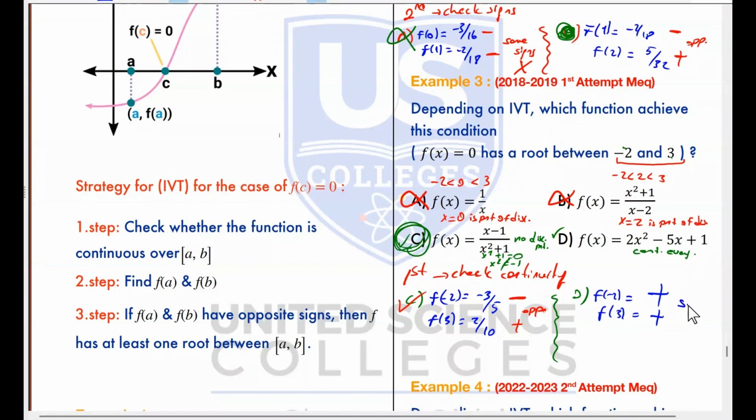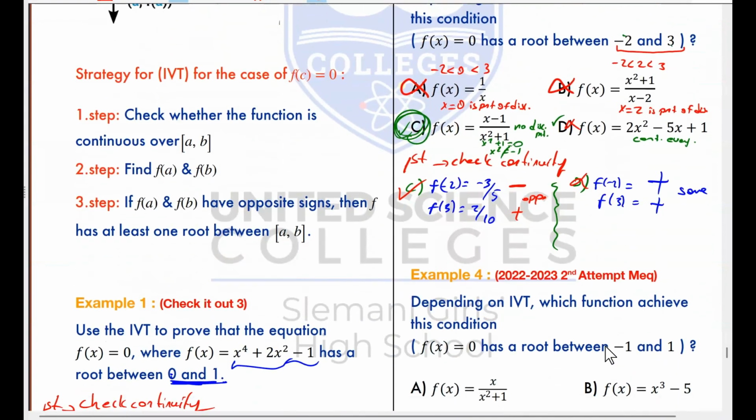So they are both positive, same result, which can't be true. Alright, so that's not our answer either. Our answer is C. See, the questions are simple. When you know the idea, solving questions doesn't need a lot of stuff.